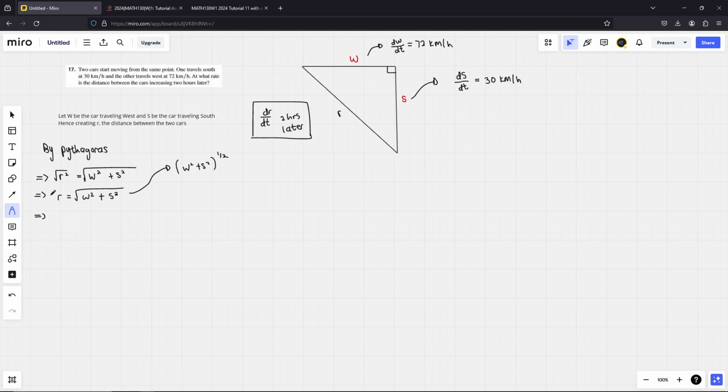So taking the derivative of both sides, this is going to be dr by dt, and then using chain rule, this is going to be half w squared plus s squared to the minus half multiplied by 2w dw dt plus 2s ds by dt.